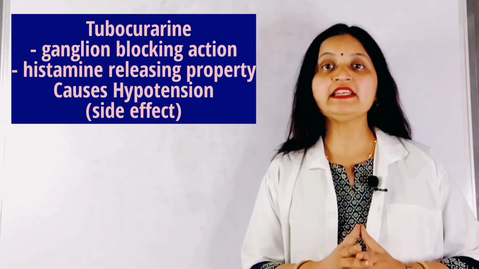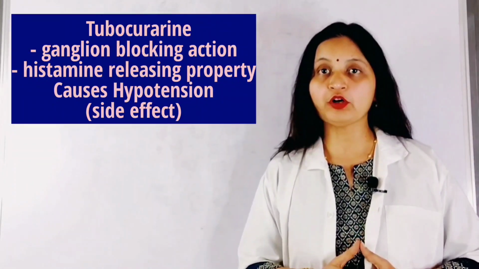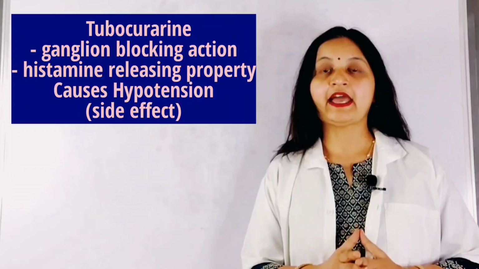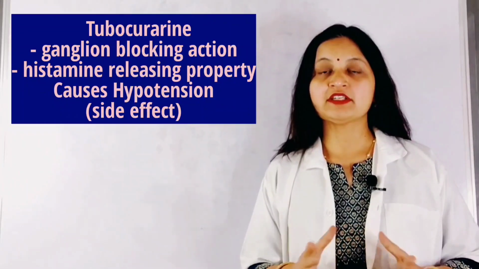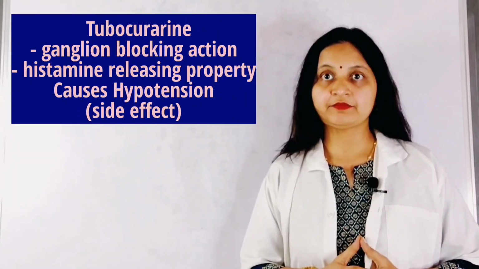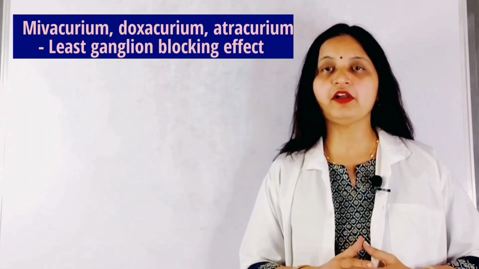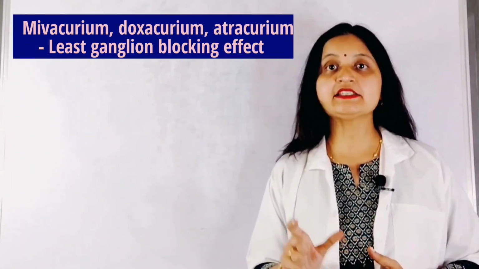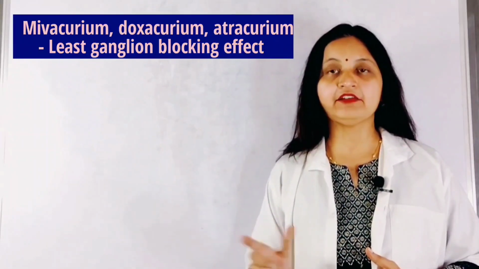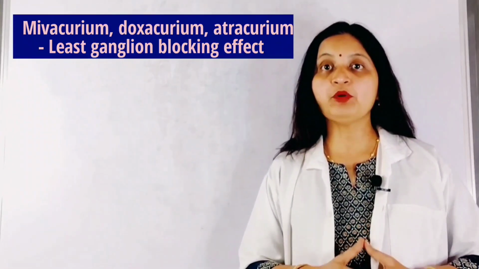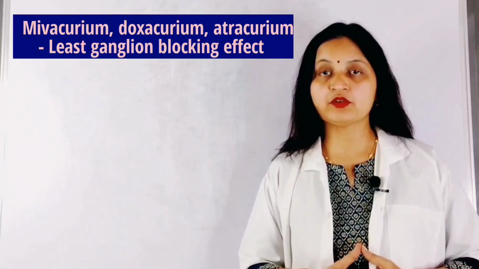So because of release of histamine and blockade of autonomic ganglia, there can be hypotension which is seen as an adverse effect. Other drugs such as mivacurium, doxacurium, atracurium produce the least ganglionic blocking activity. So they can only block the ganglion at higher doses.